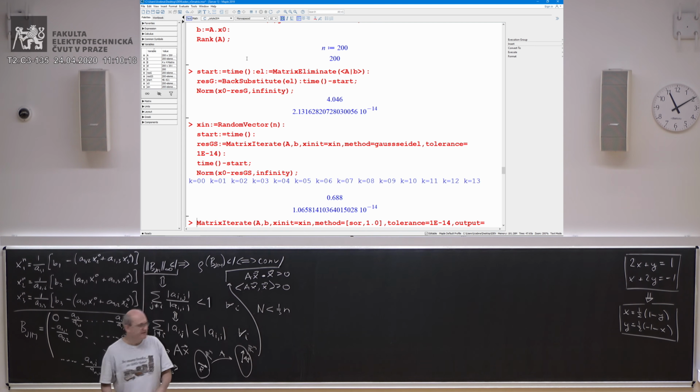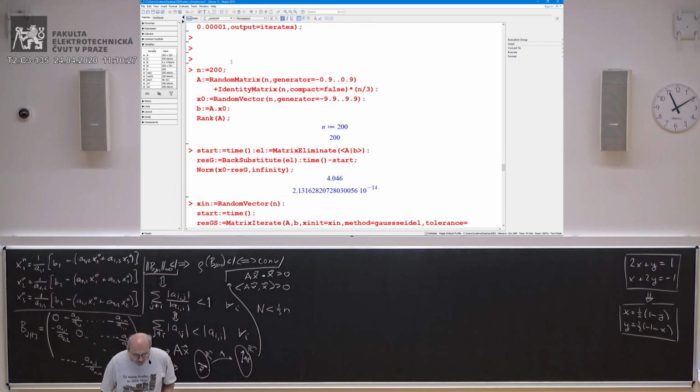So you can see for strictly diagonally dominant, or even just diagonally dominant matrices, iteration seems to work much better than elimination. And these are actually fairly small matrices. I mean, 200. That's not very large by industrial standards. You can have even matrices million by million, and then the difference is really huge.